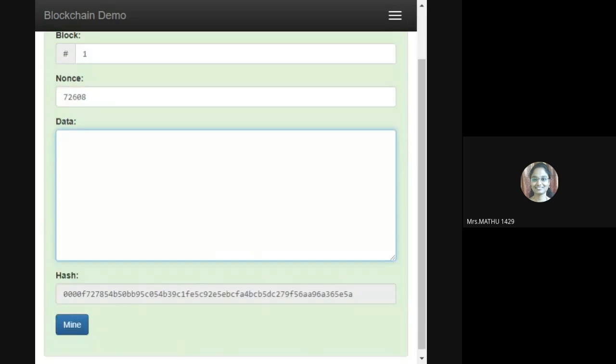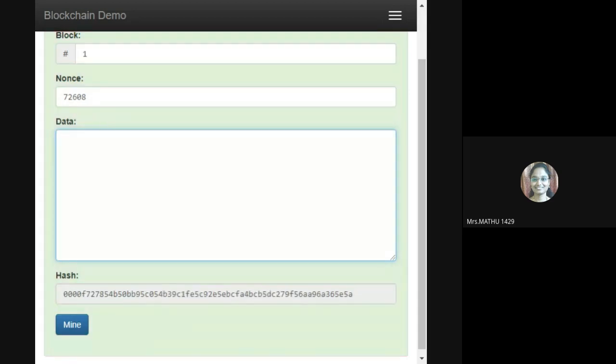Initially, though the data part is empty here, it is designed such that already there is some other data for which this hash is generated. Now if I want to change something, the entire hash is changed and it will not validate with this nonce value.